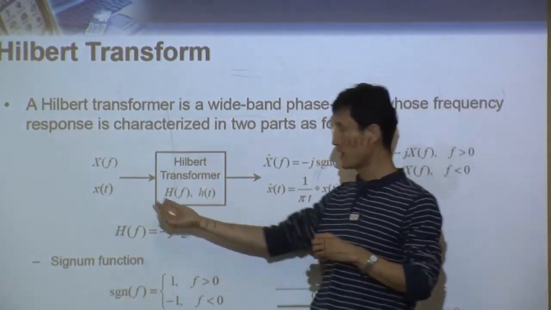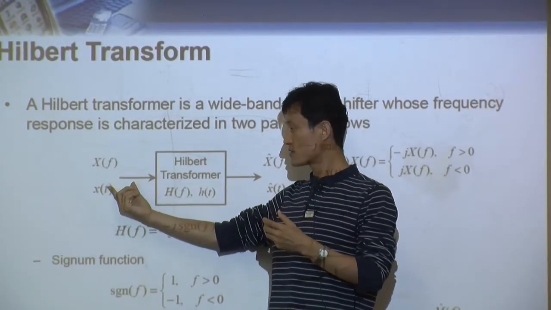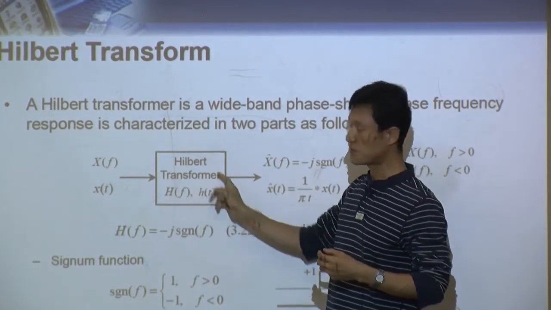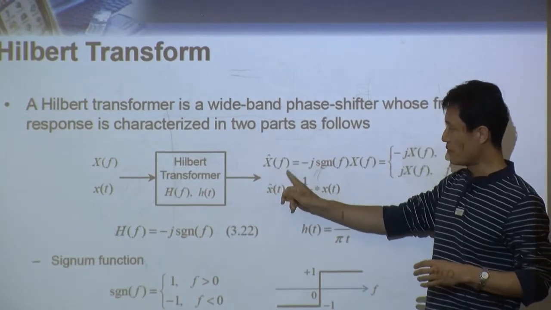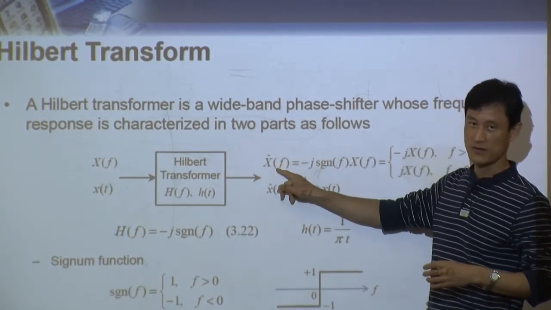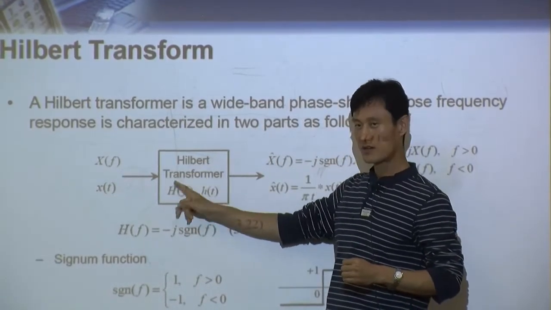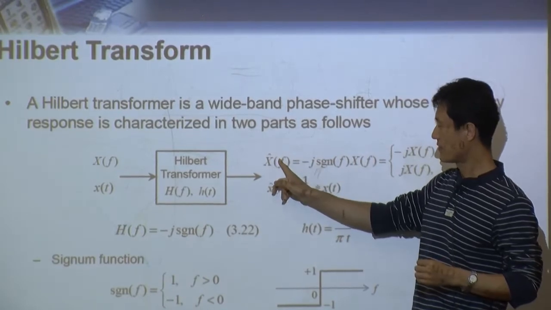Let's say we get some X(f), the input signal in the frequency domain, and this is the frequency response of this block, like a filter, and we get the output X hat(f). That's the relationship.